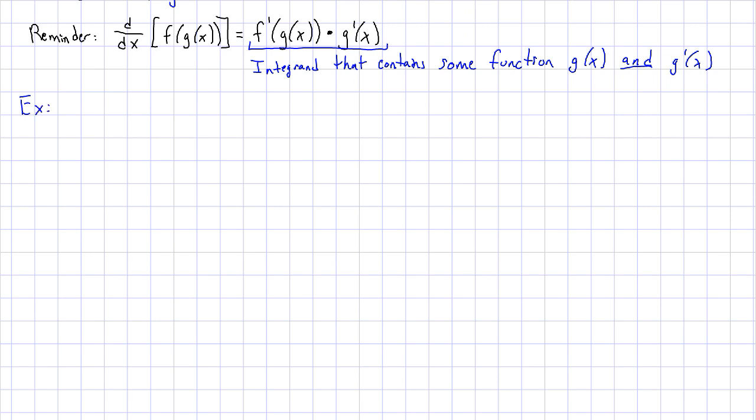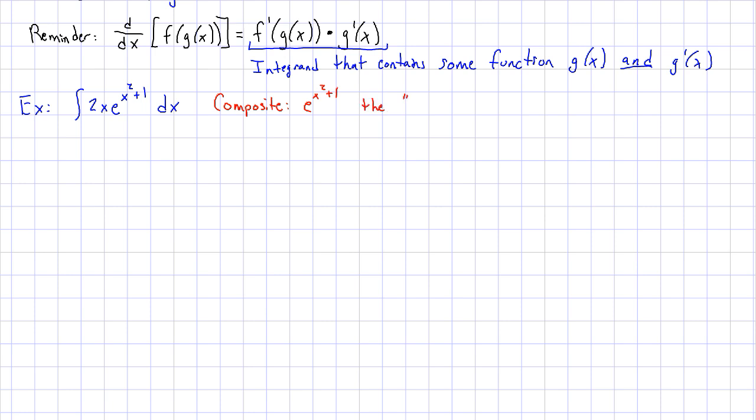Let's say I have the integral of 2x e to the x squared plus 1 dx. I'm looking at this function and I see something. First of all, I have a composite function, right? So e to the x squared plus 1 is a composite function.